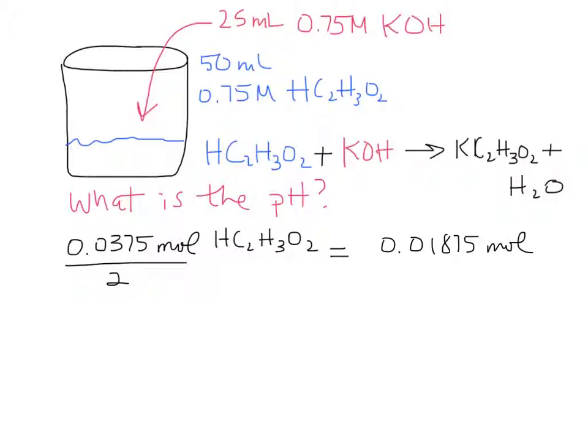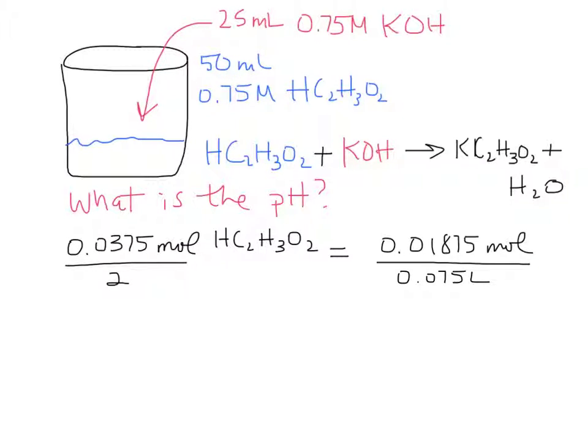Now, what we also have to remember is, in order to plug this into an equation or use it in an equilibrium process, we'll have to have this in molarity. So at this point, it's a good chance to be able to say, okay, this number of moles is dissolved in a new volume. Notice that we've got not only 50 milliliters, but now an additional 25 here. So that makes it a total of 0.075 liters.